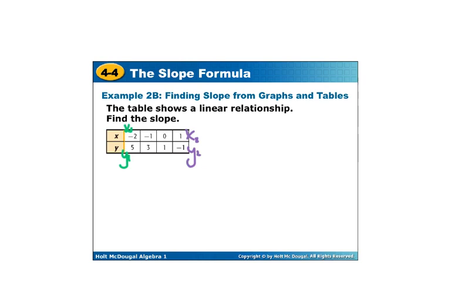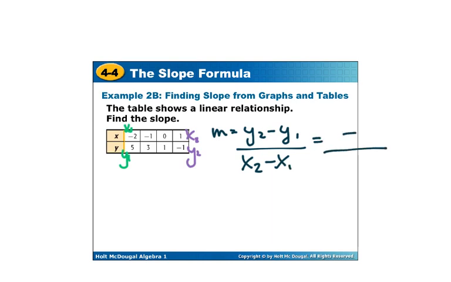Alright, so we're going to do our slope, which is again y2 minus y1 over x2 minus x1. And so filling it in, of course the subtraction and the fraction stay. My y2 is going to be negative 1. My y1 is going to be 5.